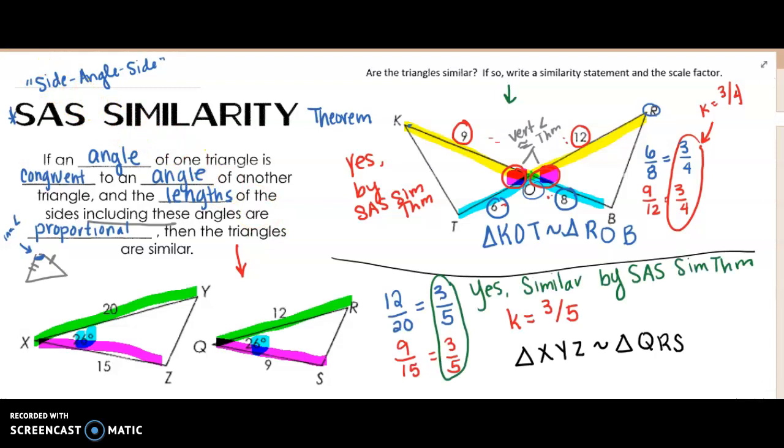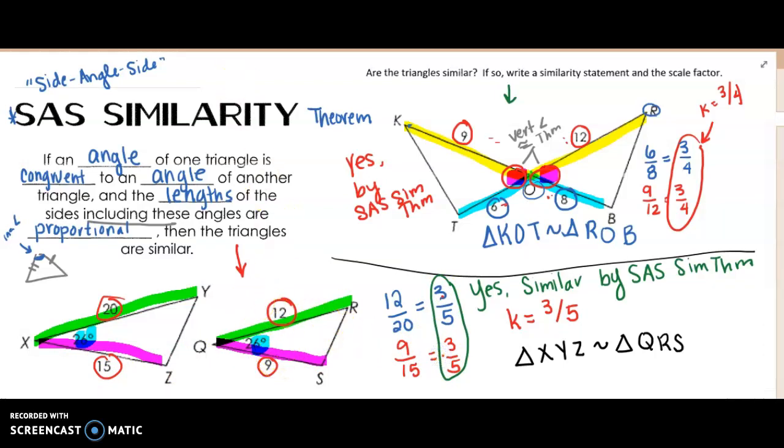From here, the same highlighted sides are the proportional or corresponding sides. I checked, and 12/20 does reduce to 3/5. And then 9/15 also reduces to 3/5.